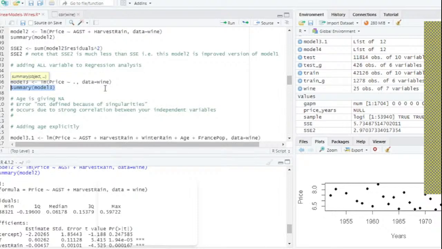So coming to the model with all variables, line number 106 and 107. To use all variables on the right side, we use a dot. Dot on the right side means pick up all the variables. You need not name them.